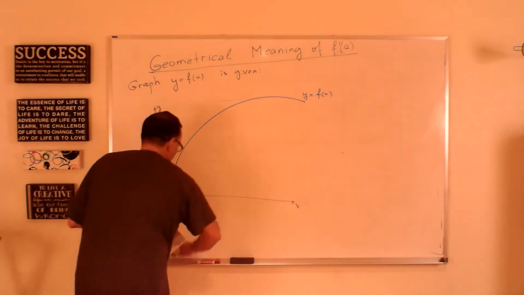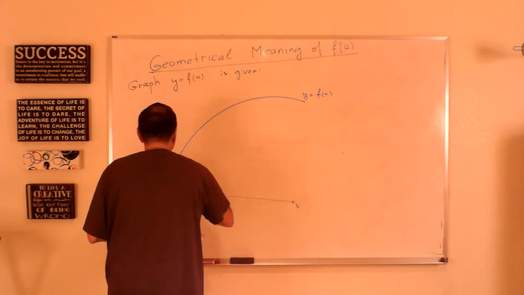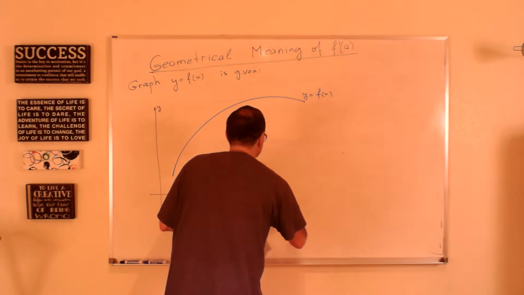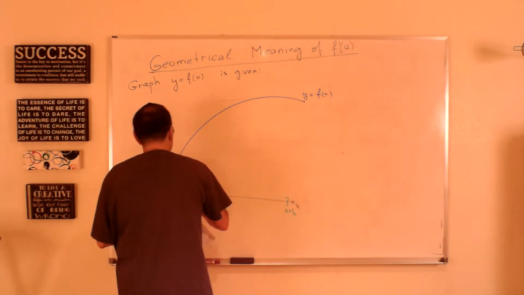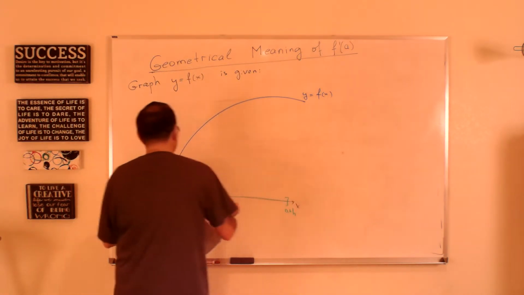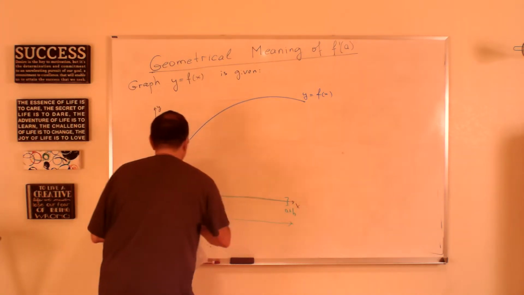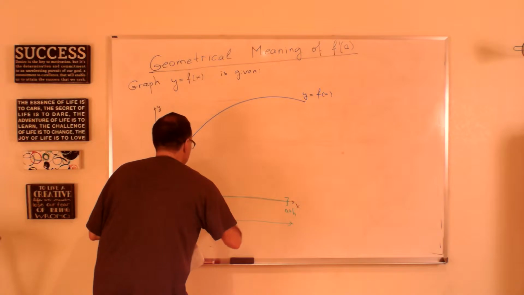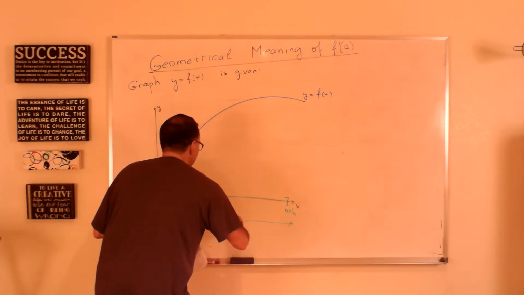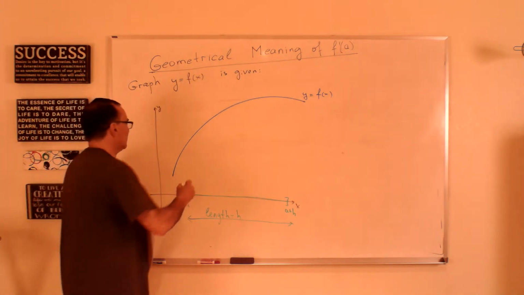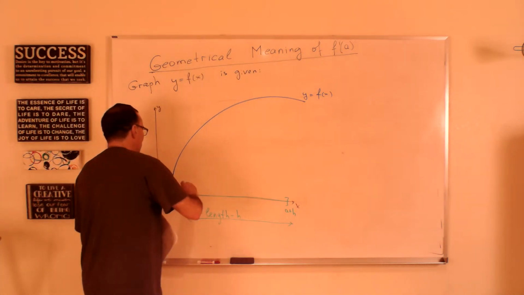So down here we have the interval from a, only instead of a to b, I want to write it as a to a plus h. So this is the interval we have, and h is the length of this interval. Length equals h. And now we know that the average rate of change is the slope of the corresponding secant line.